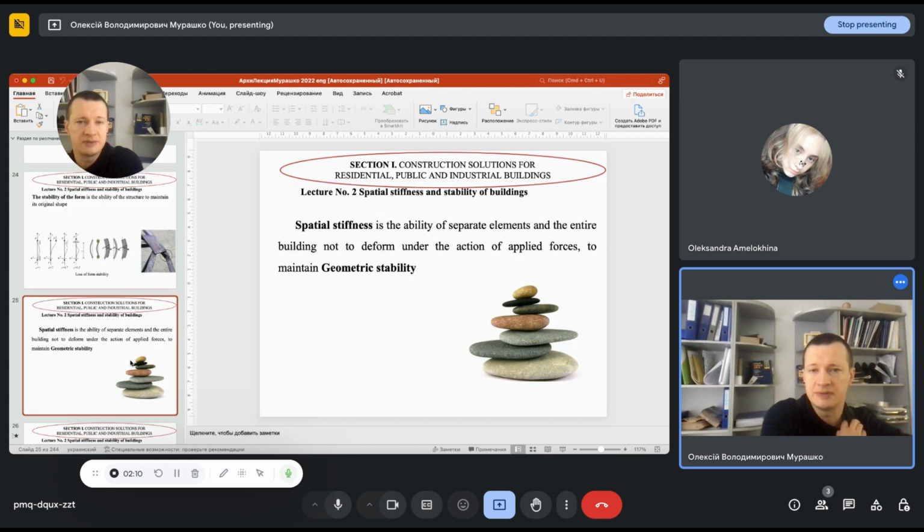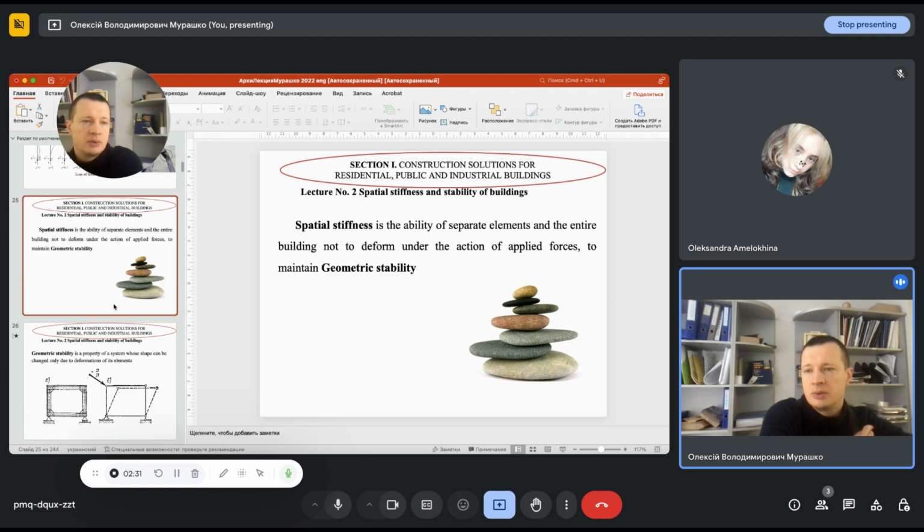And spatial stiffness, the next important term that we will use further, is the ability of separate elements and the entire building not to deform under the action of applied forces, to be able to maintain geometric stability.